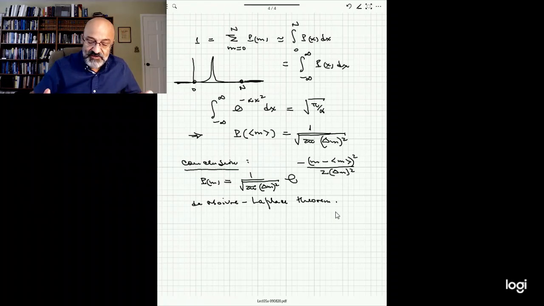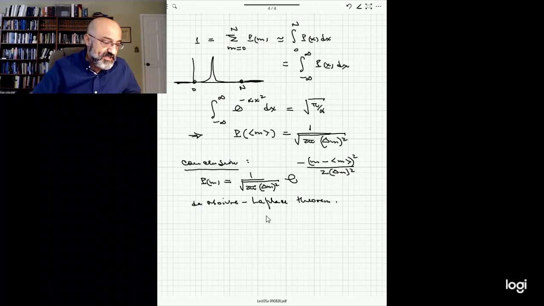So this is it. When you have a binomial distribution and the number of trials is infinitely large, the probability distribution approaches a Gaussian, also called a normal distribution.